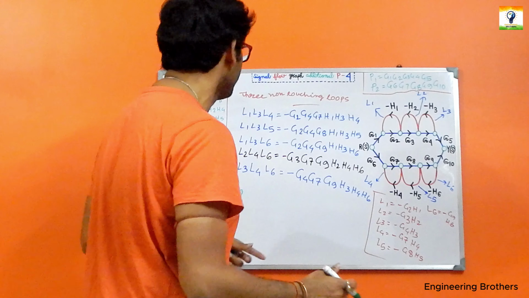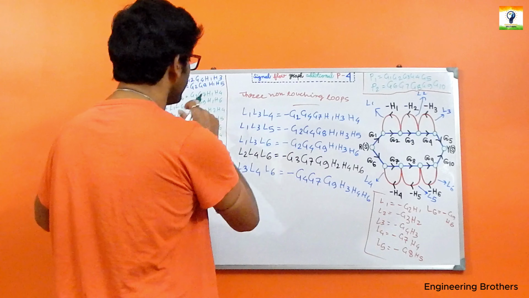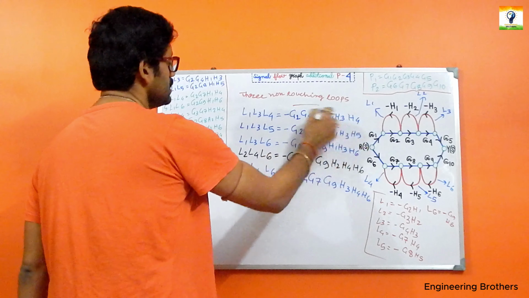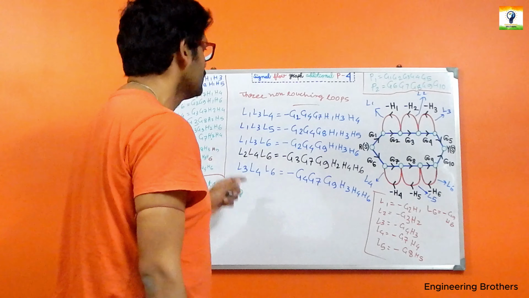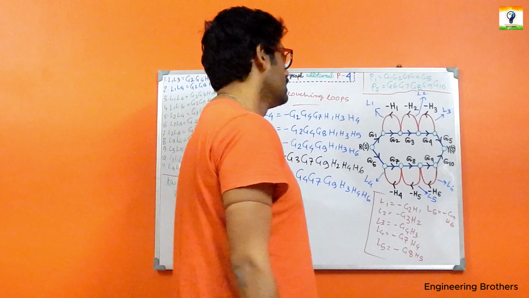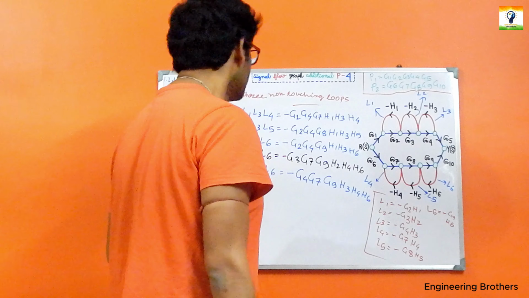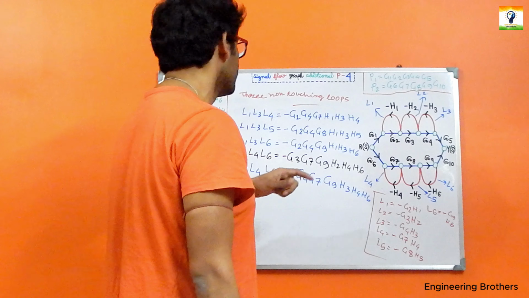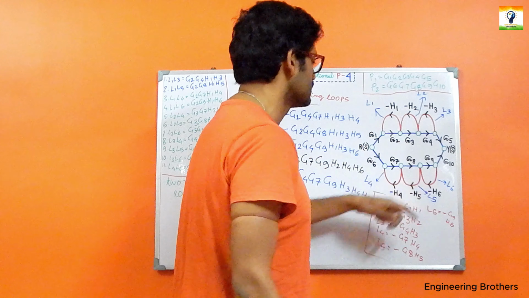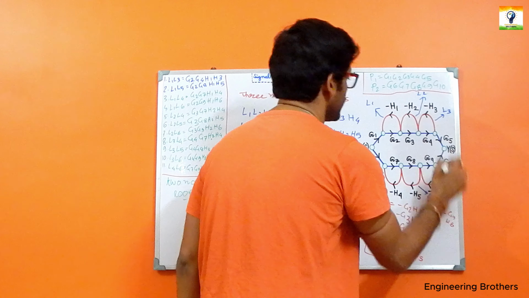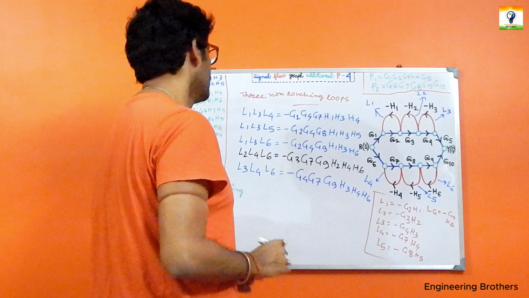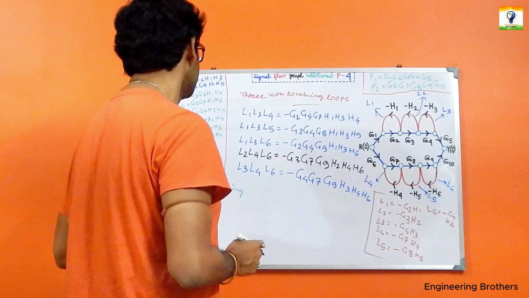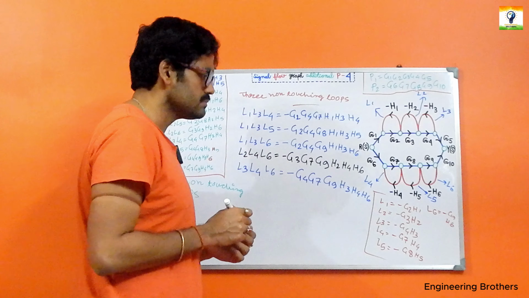Just simply multiply this factor over here, and ultimately we are having our resultant gain for that considered part. Similarly, for our next three non-touching loop, which is going to be L1, L3, L6, you can see this is our third three non-touching loop.